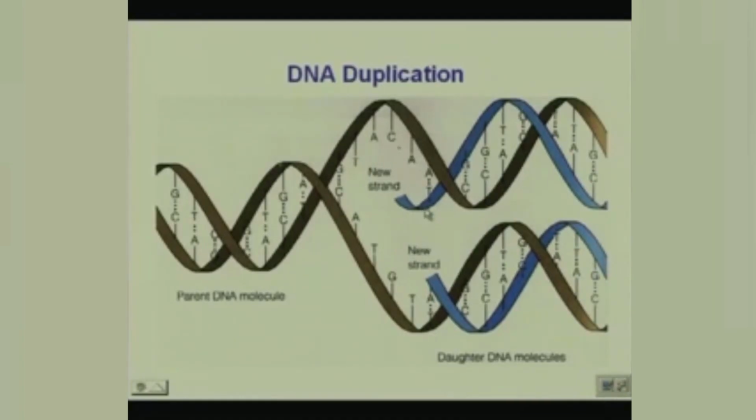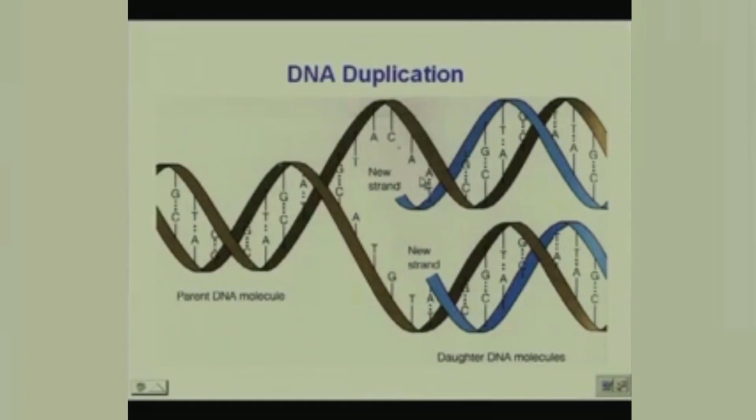You again have a similar strand form here. If this is A, what was it originally linked to in the DNA double helix? A T. When we have the new strand being formed, it will also be linked to a T. So what do I have? I have a replication.